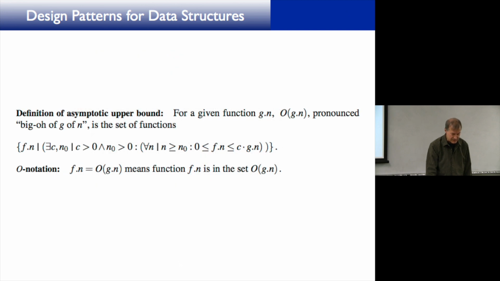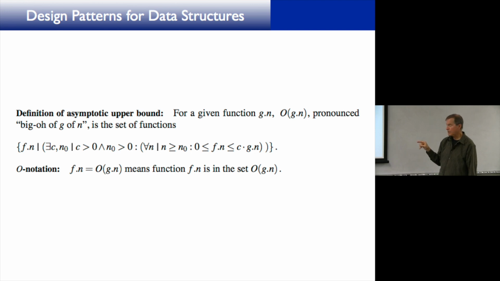And now, do you remember how to prove something is big O? Big O means what? Upper bound. All right, so to show that f of n is big O of g of n, what do you have to show?